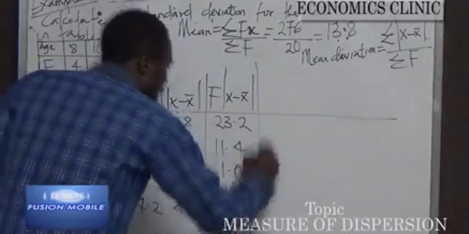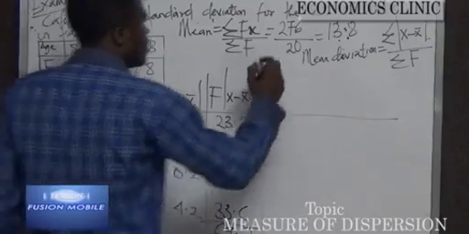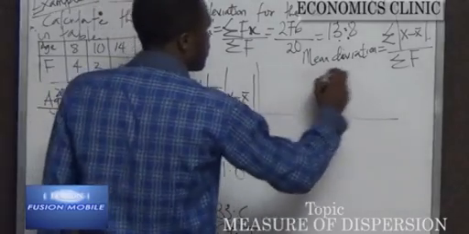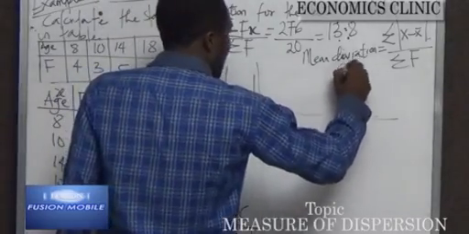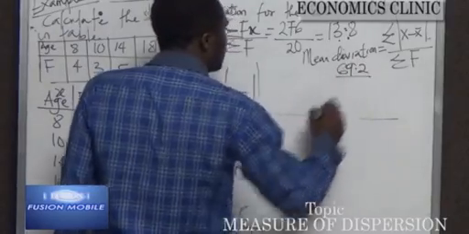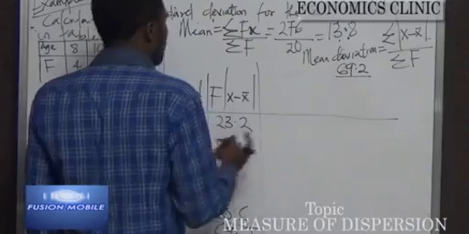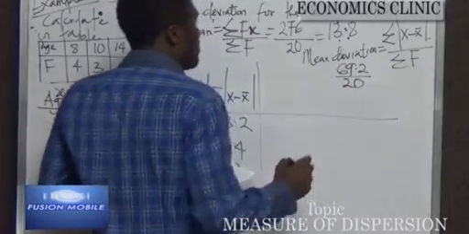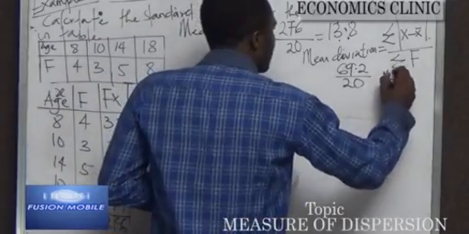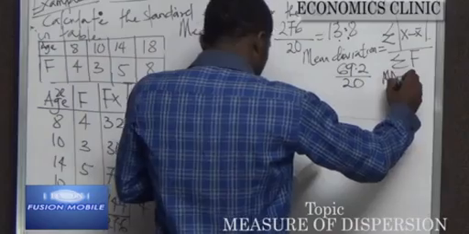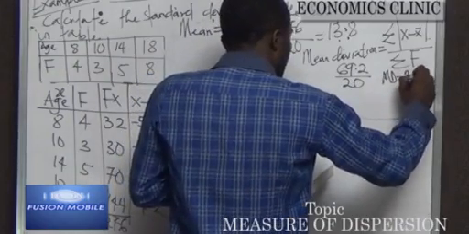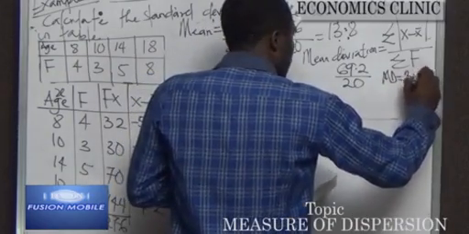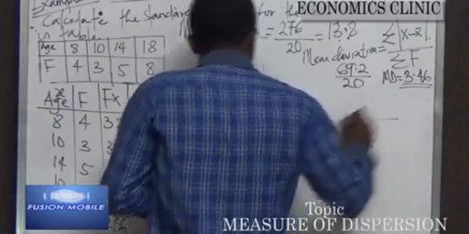So the value here we have is 69.2 divided by summation f, which is 20. So our mean deviation here will give us 3.46.